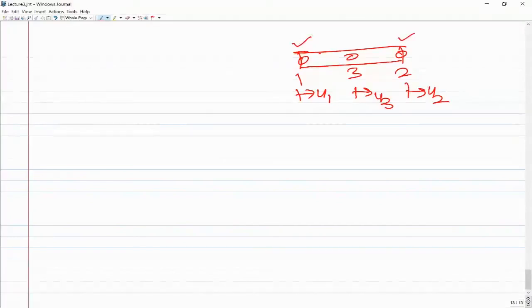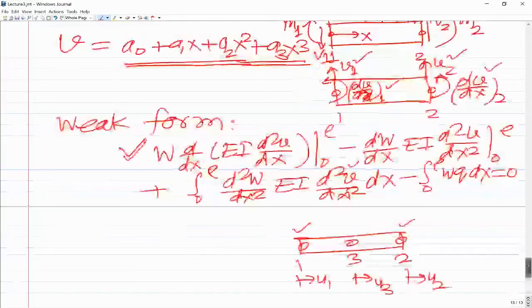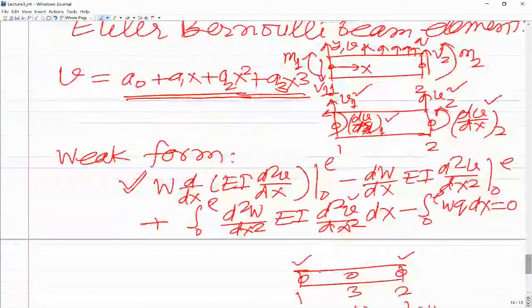So we can say that the order of the element has nothing to do with the order of the interpolation function, right, sir? Yes, the degrees of freedom at the end nodes of the element are decided by the primary variables. Primary variables should be continuous across the element, and that is why we need them as degrees of freedom at the end nodes. The polynomial depends on three things: differentiability, inter-element compatibility, and completeness.